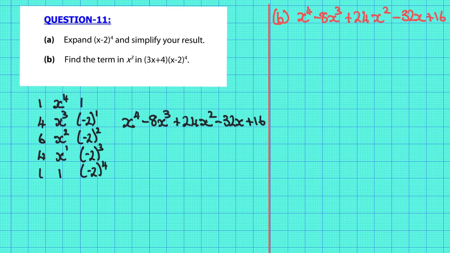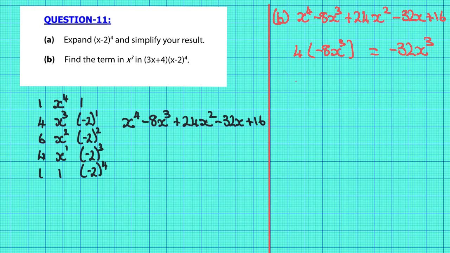We now multiply that expansion by 3x plus 4. So we want to know in that expansion which terms will give us an x cubed. Well, if we multiply 4 by minus 8x cubed, we will get minus 32x cubed. That is a term in x cubed.